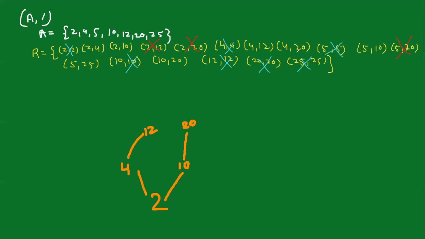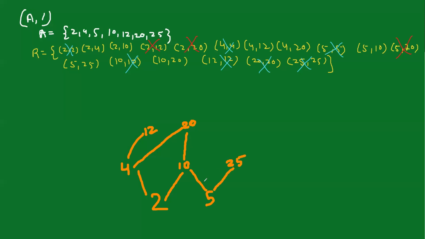4 is related with 12, and 4 is related with 20. 4 is related also with 10, related with 20, because this is not transitive. Right? 5 is related with 10. It means 5 goes downside. 5 is related with 20. 5 is related with 25.